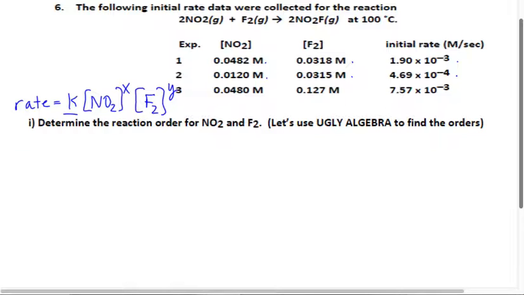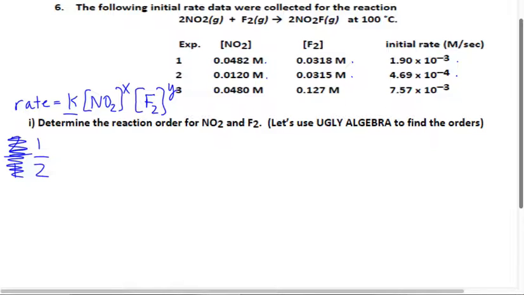Because experiment 2 has a bigger rate than experiment 1, I'm just going to put experiment 2 on top. I think that's a smart move. Oh, no, wait. Experiment 1 is bigger. My bad. We're going to divide 1 divided by 2. That whole exponent thing threw me off. Math is hard. You'll see why I did that when we get to the math.